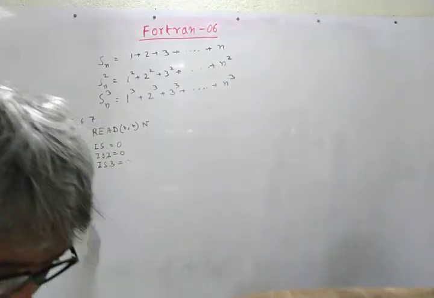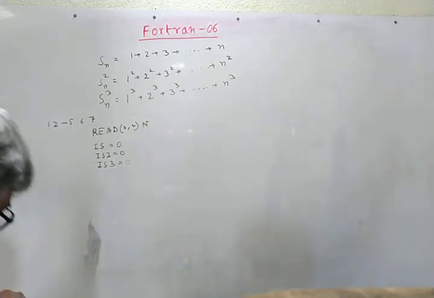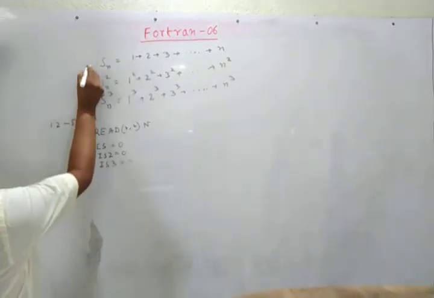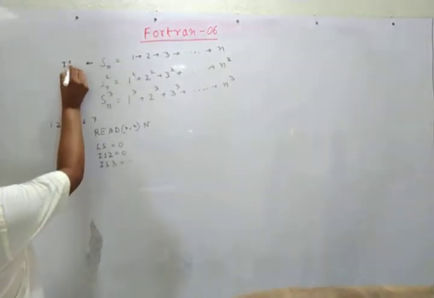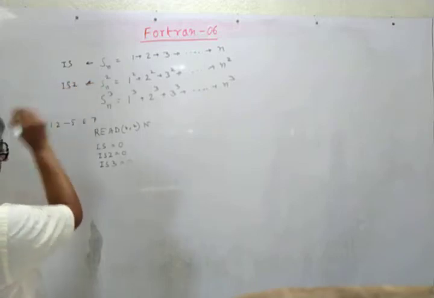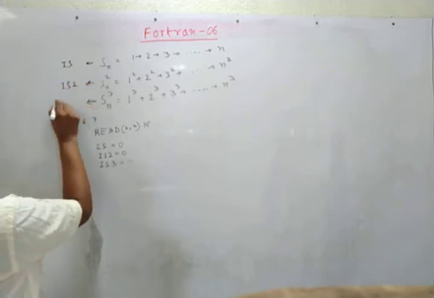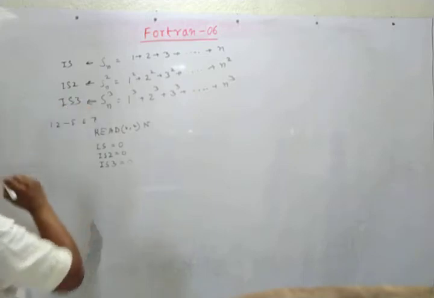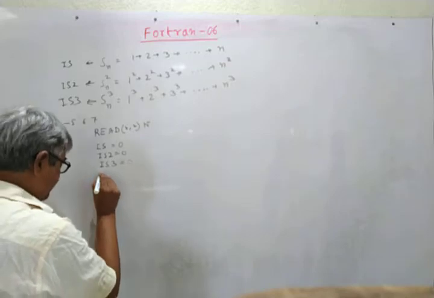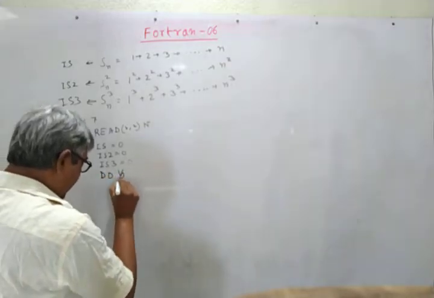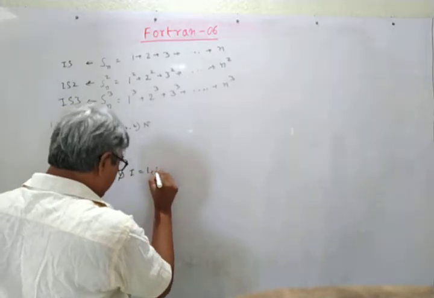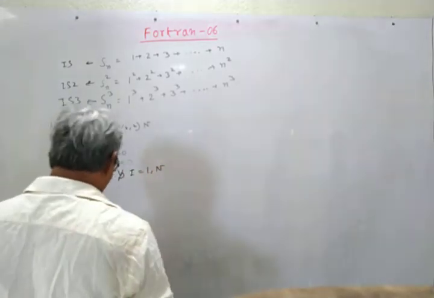Actually, we have named the variables in such a way that they stand for the Sn. So is is the integer mode sum, is2 is the sum of squares, and is3 is the sum of cubes. Then we write do, I is equal to 1 comma n in steps of 1.